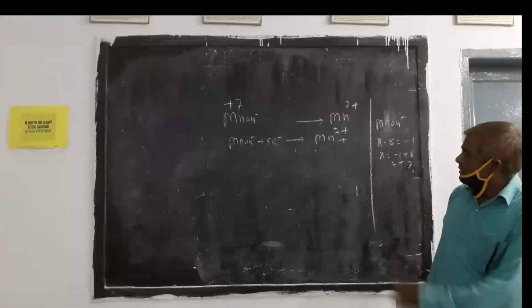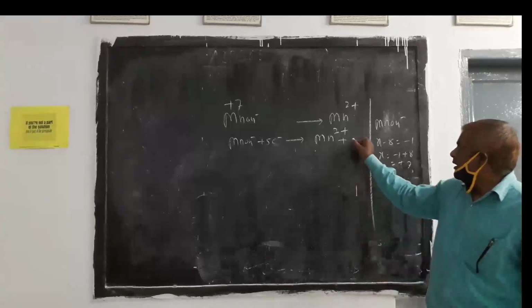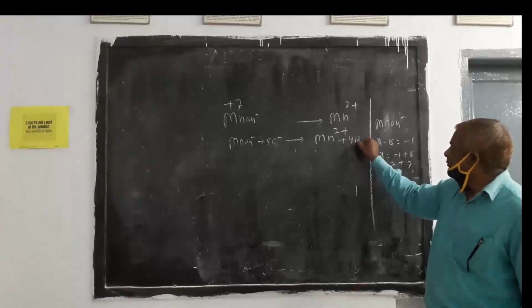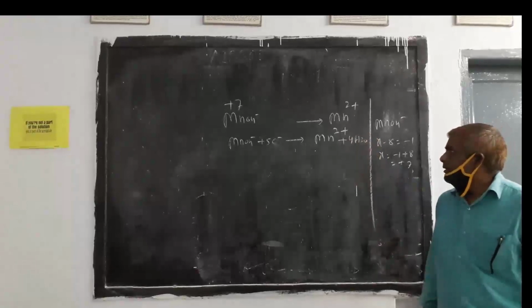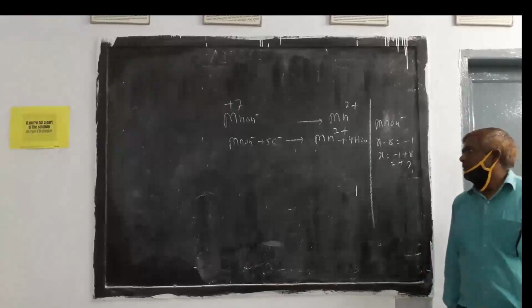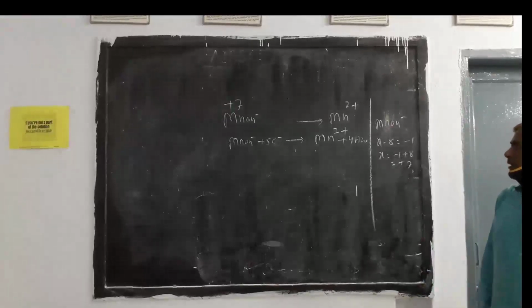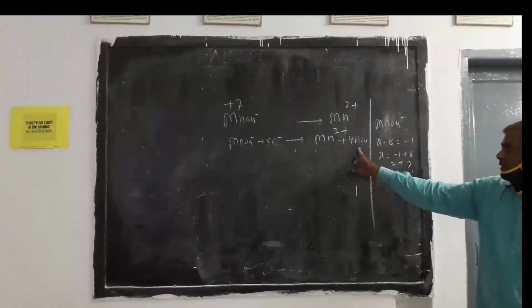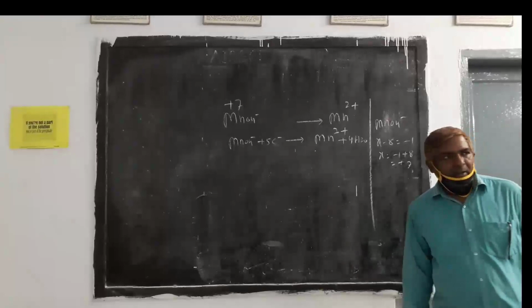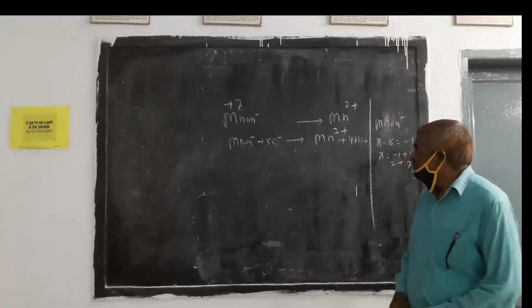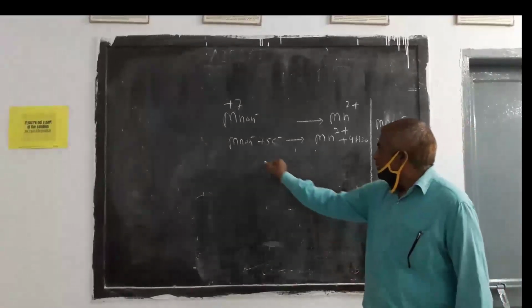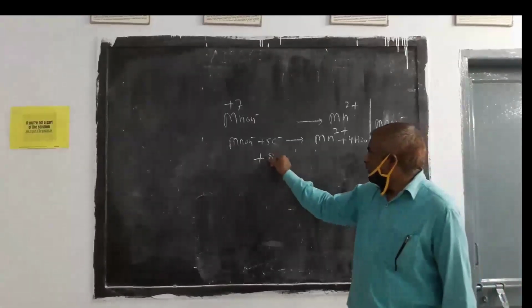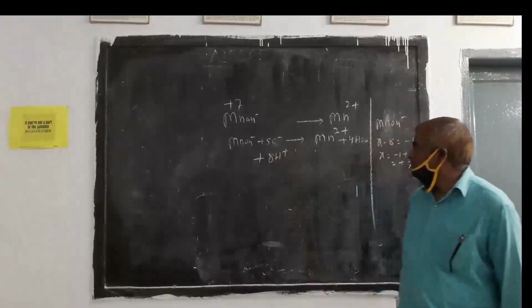So oxygen may balance after adding 4 molecules of water. Now after addition of 4 molecules of water on the right side, the number of hydrogen increases on the right side: 4 into 2, 8, and no hydrogen on the left side. Now balance the hydrogen in the acidic medium by adding the required number of hydrogen ions on the left side: 8 H plus ions.